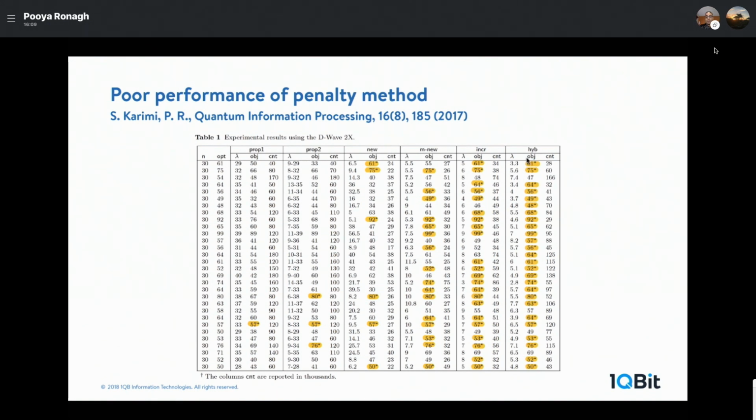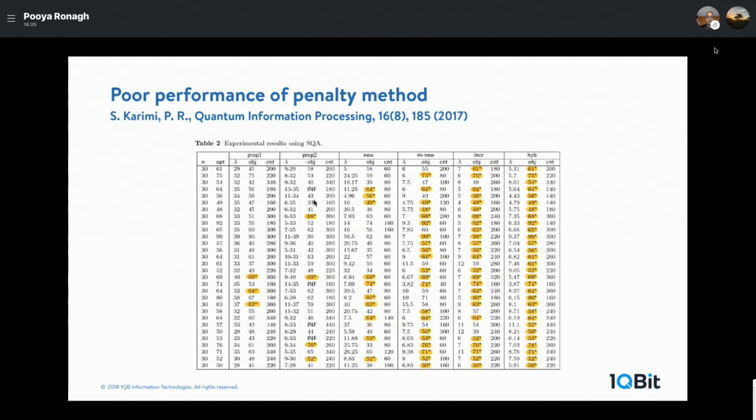So you see that this hybrid method of basically a linear step sizing and Newton method for gradient descent almost always solves the problem, whereas the penalty methods almost never solve the problem. We solve the same problem using SQA, and we get very consistent numerical results in the success of solving the problem using the Lagrangian dual map.